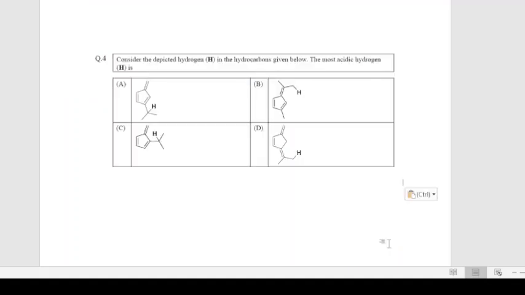Next one. Consider the depicted hydrogen in the hydrocarbons given below. The most acidic hydrogen is.